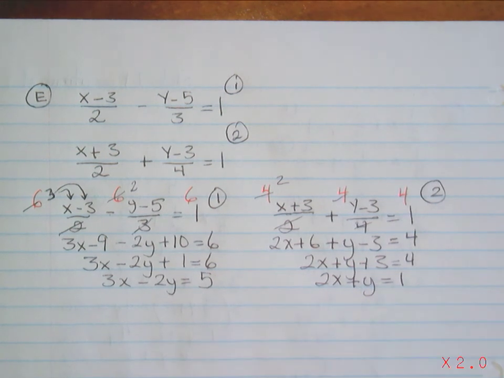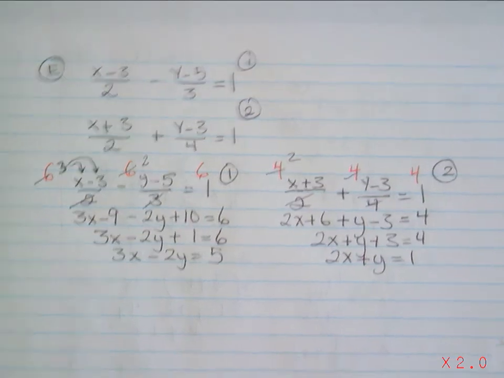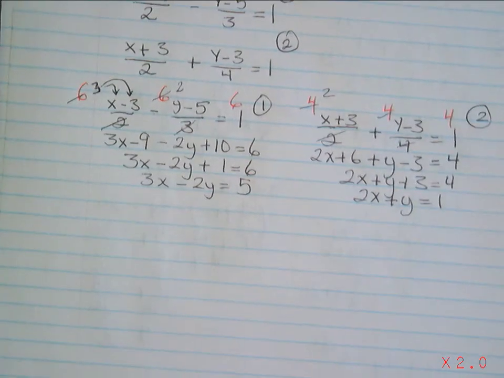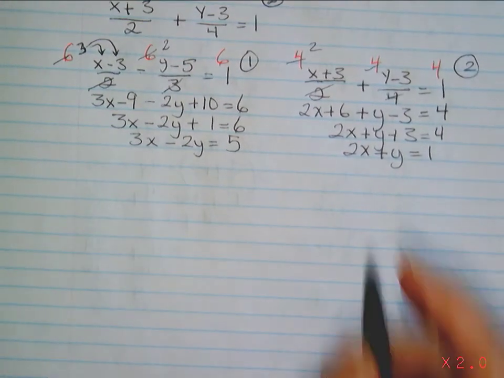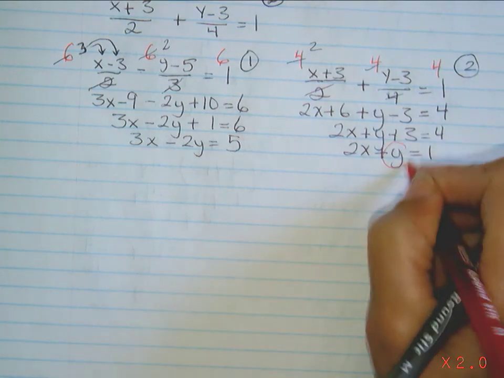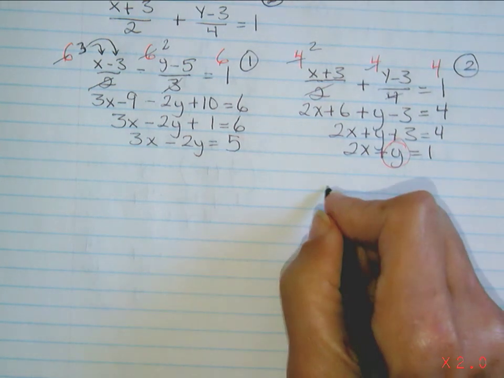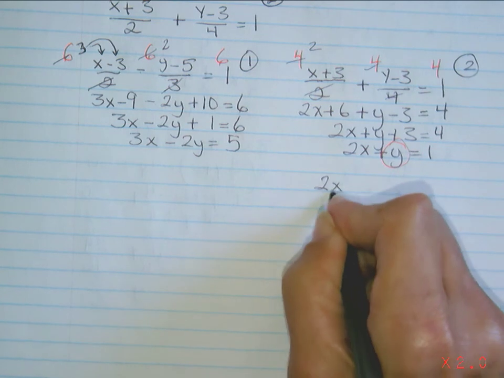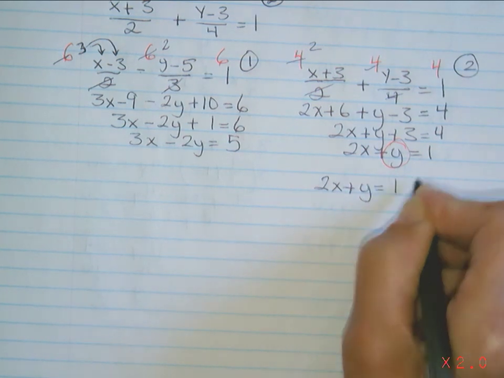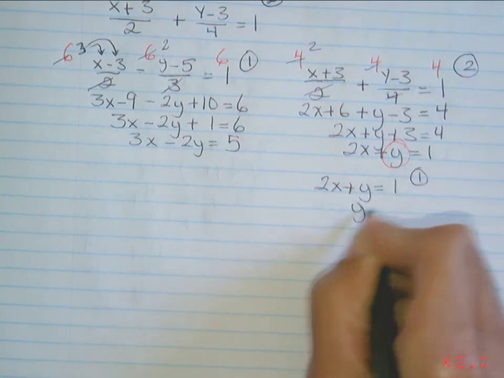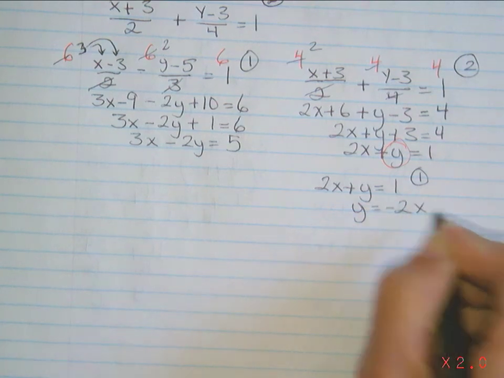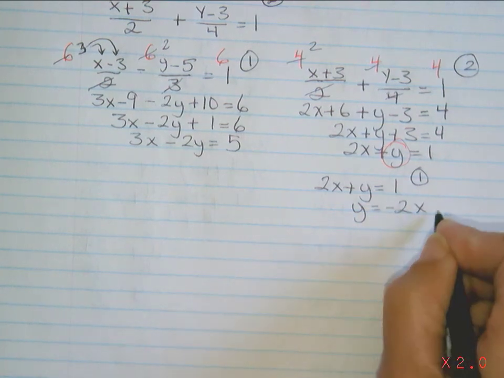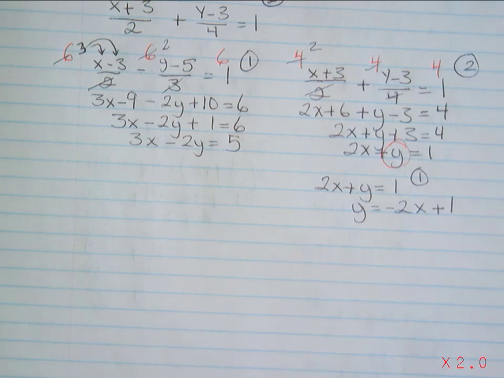And now that you've done that, you can choose one of them to isolate. And I'm not going to choose equation number 1 because look at this, you've got a y all by itself. So I'm going to rearrange that. And I'm going to make it y equals negative 2x plus 1. I'm not going to forget the 1.